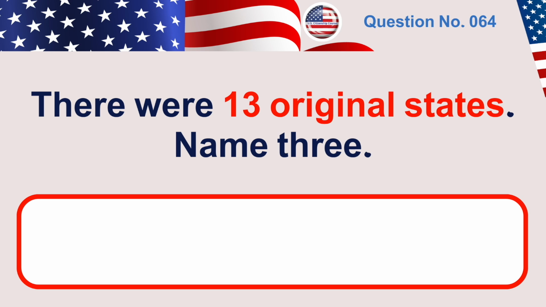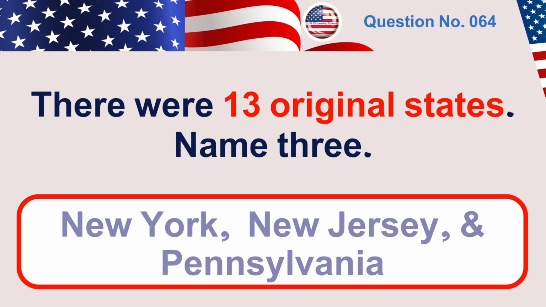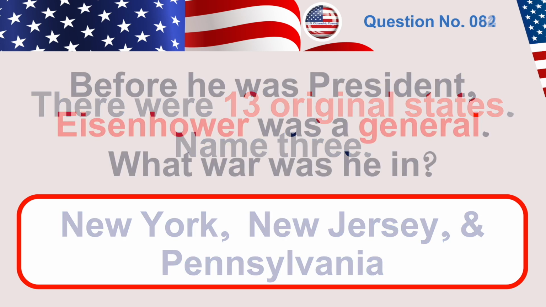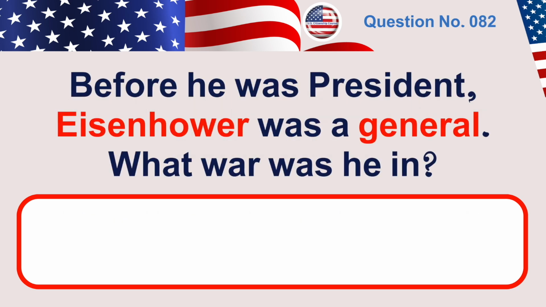There were 13 original states. Name 3. New York, New Jersey, and Pennsylvania. Before he was president, Eisenhower was a general.